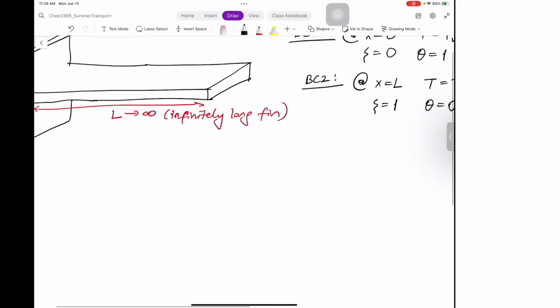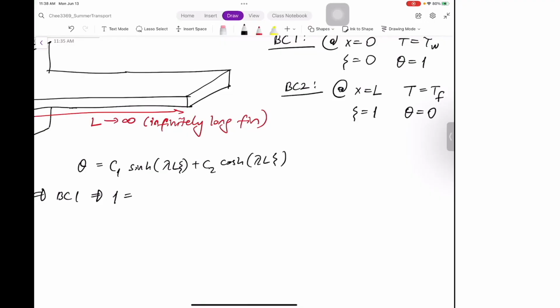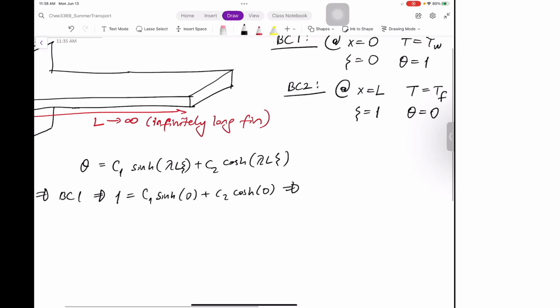So now our theta is equal to C1 sine hyperbolic lambda L psi plus C2 cosine hyperbolic lambda L psi. And from the first boundary condition, we have 1 is equal to C2, right? Because, let's do it: C1 sine hyperbolic 0 plus C2 cosine hyperbolic 0. From here, this is 0, this is 1, so C2 is 1.